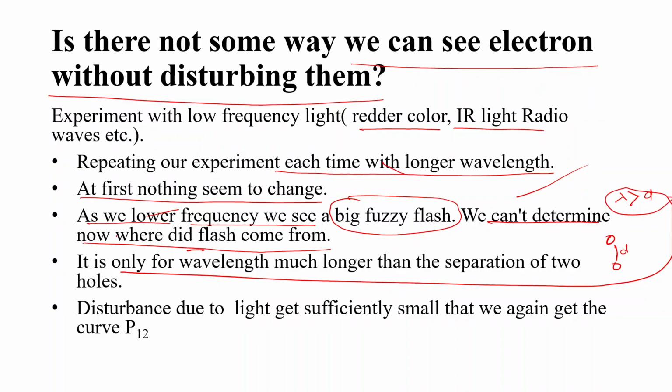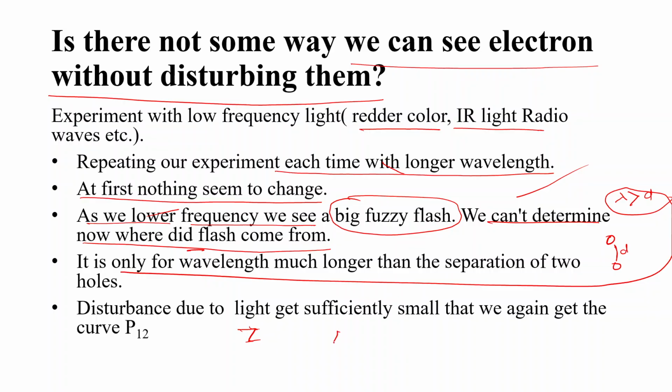So the disturbance due to light gets sufficiently small that we again get the curve P12. So as we increase the wavelength, the disturbance decreases and electrons again exhibit interference.